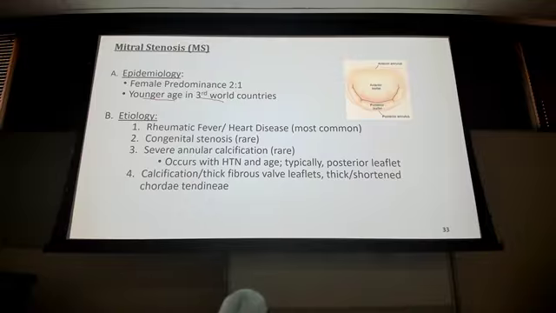So the number one cause globally is rheumatic fever, rheumatic heart disease. After that, now we're looking at congenital stenosis. So, you know, they were born this way. Severe annular calcification.